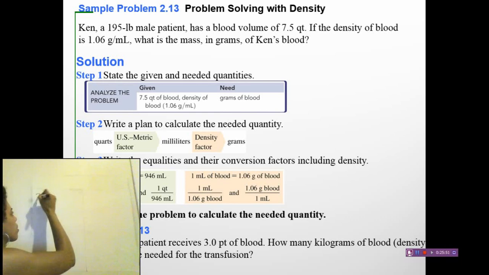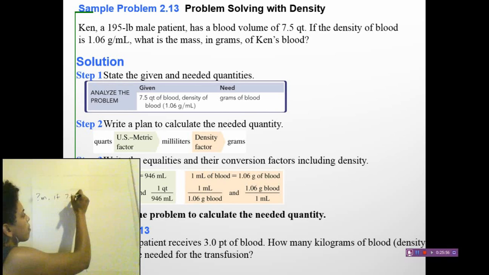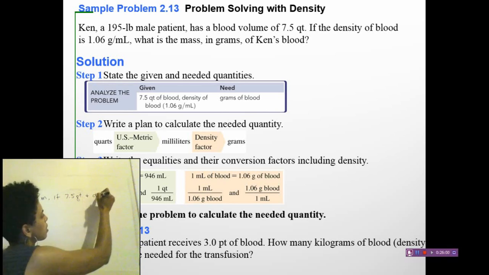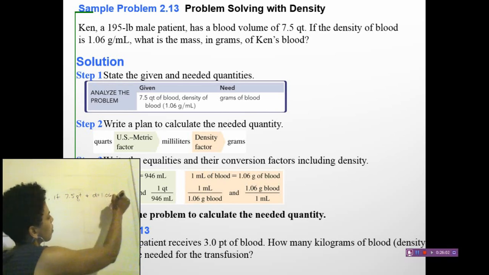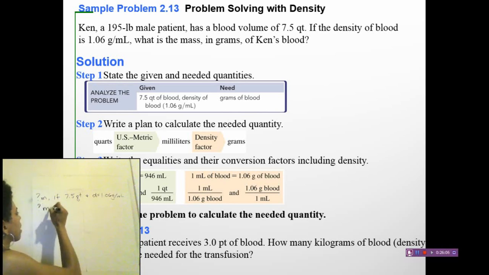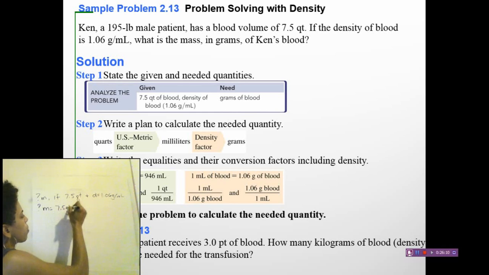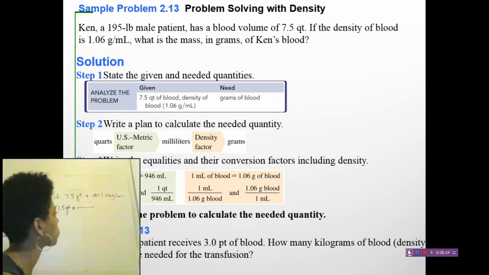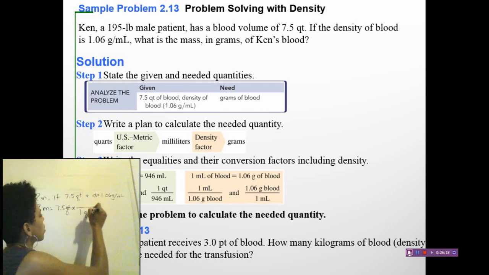So we want to know the mass if we have 7.5 quarts, and the density is equal to 1.06 grams per milliliter. So what is the mass? Always start with what you're given, 7.5 quarts, and the conversion factor for quarts to milliliters is 1 quart for 946 milliliters.